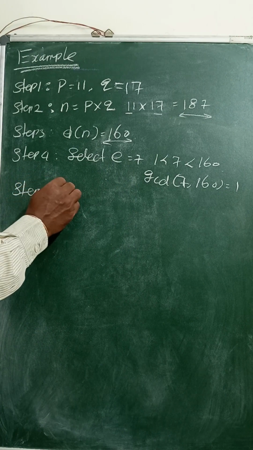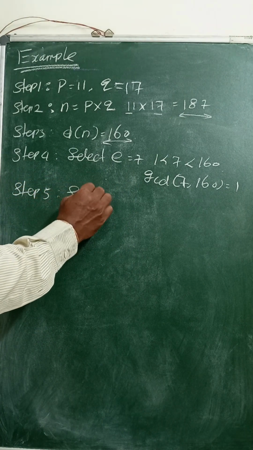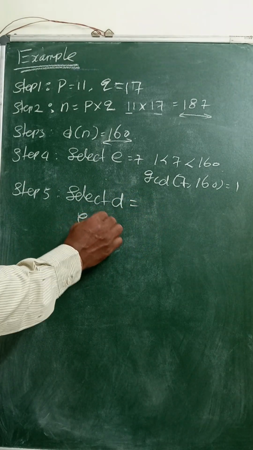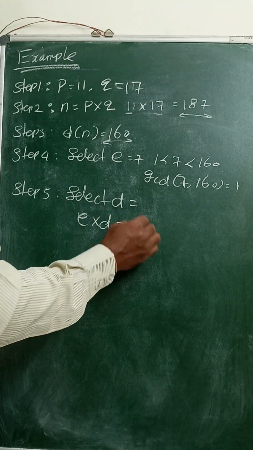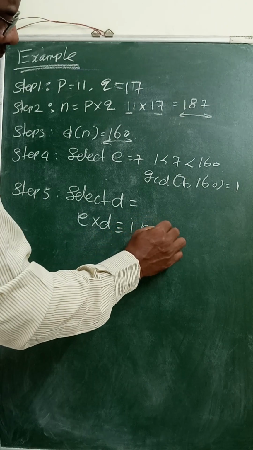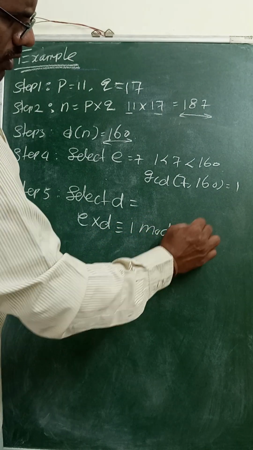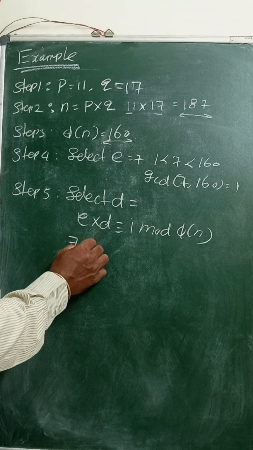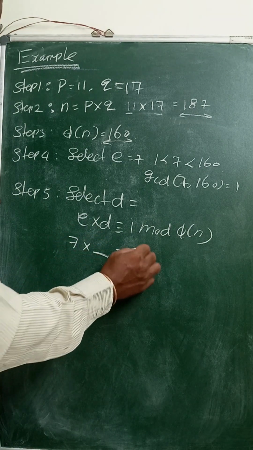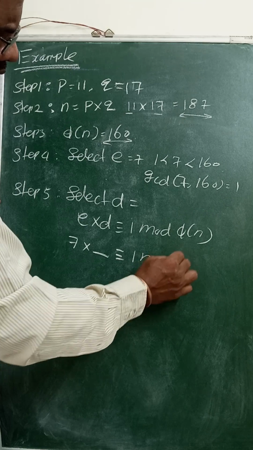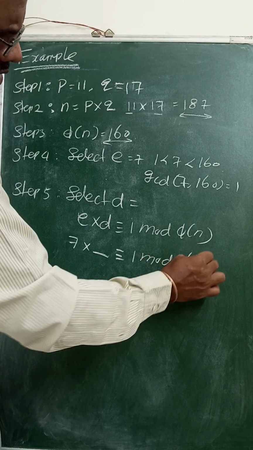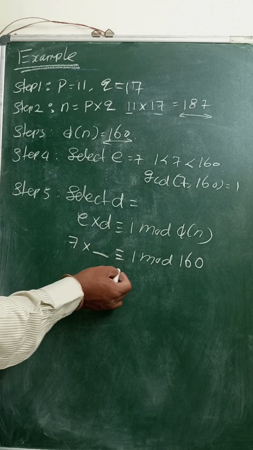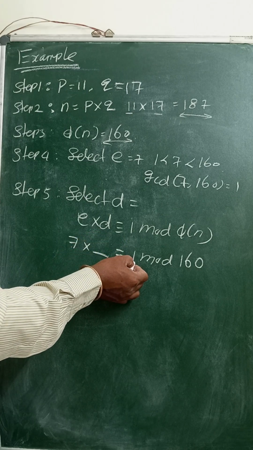Because 7 is a prime number. E equal to 7: 1 is less than 7, and GCD of 7 and 160 is 1, since 7 is prime. Why select a prime number? When a prime number is selected, the GCD is 1, whereas a composite number may not give that. After selecting E, you go for D, with E into D congruent to 1 mod the totient function of n. 7 into some number congruent to 1 mod 160.